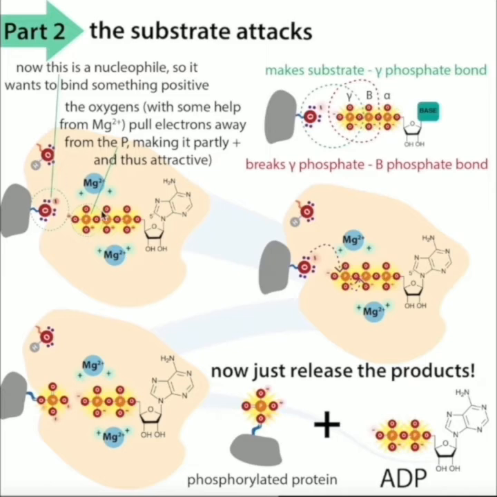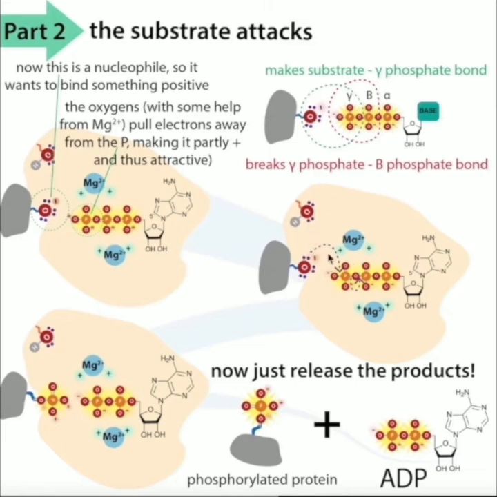So it's going to attack this gamma phosphate, breaking the gamma phosphate beta phosphate bond. Instead of numbering these, we use Greek letters: alpha, beta, gamma. The gamma one is the one that we're ripping off. When that O- attacks, it's going to rip off the phosphate, but you get this awkward intermediate.